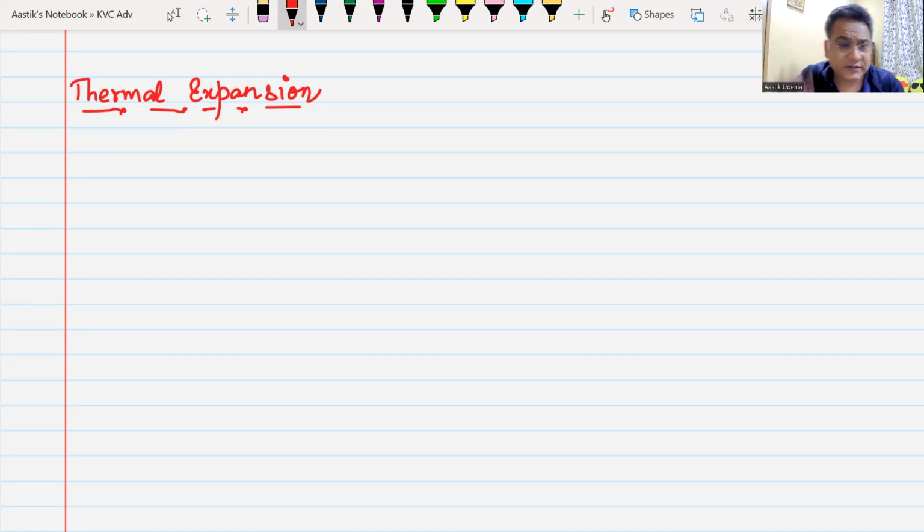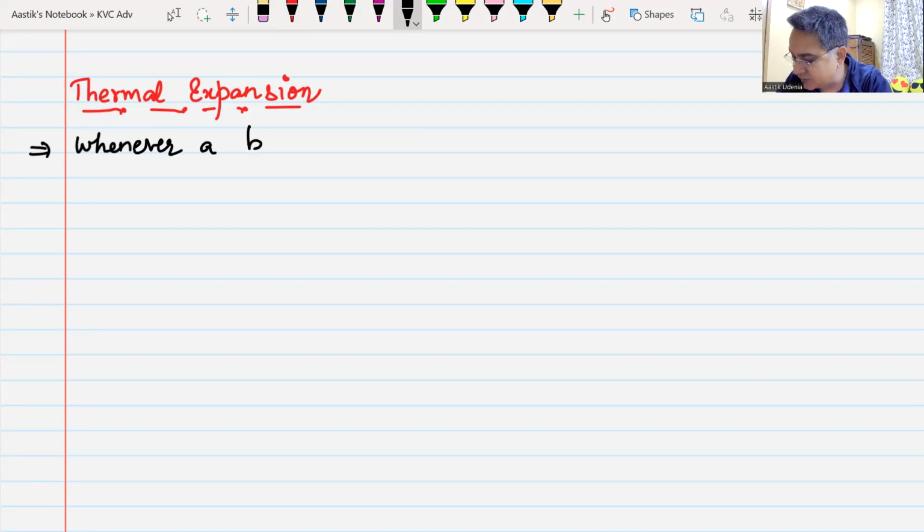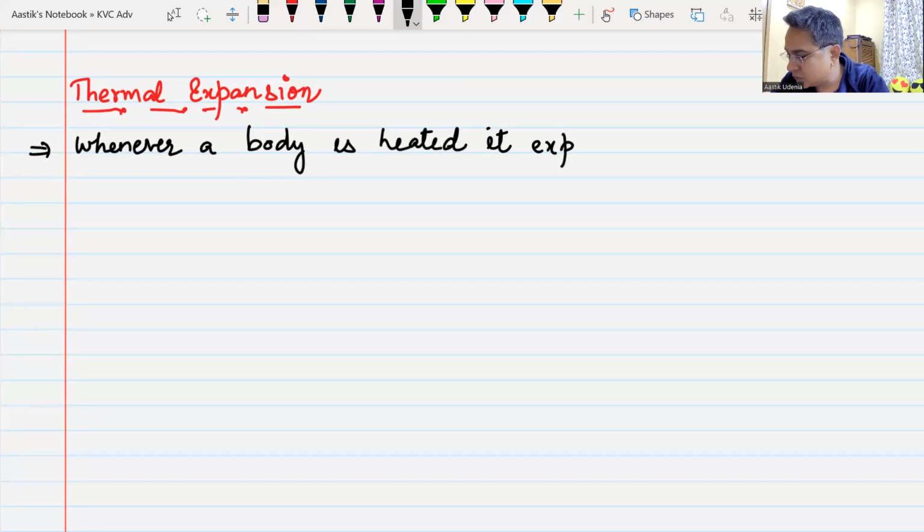That is known as thermal expansion. Whenever a body is heated, it expands normally. This phenomenon is known as thermal expansion.